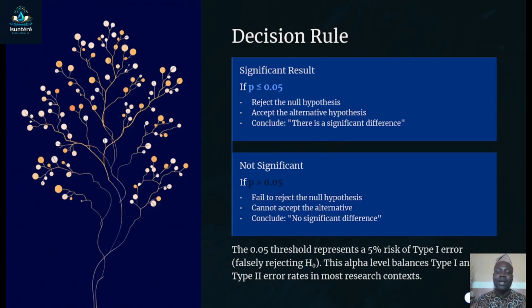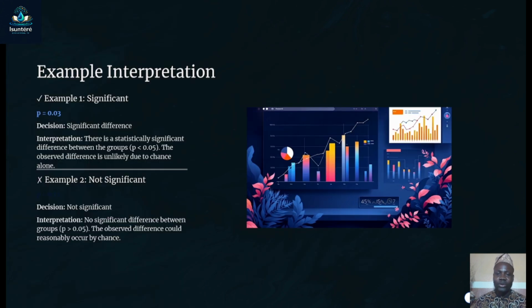We only conclude that there is no significant difference. The 0.05 threshold represents a 5% risk of type 1 error, falsely rejecting H0. So this alpha balances type 1 and type 2 error rates in most of the research contexts that we have.